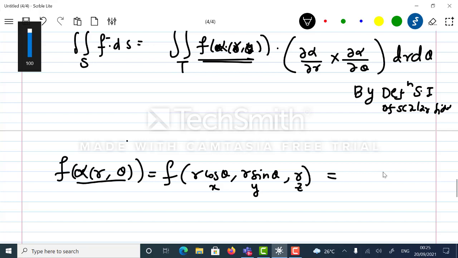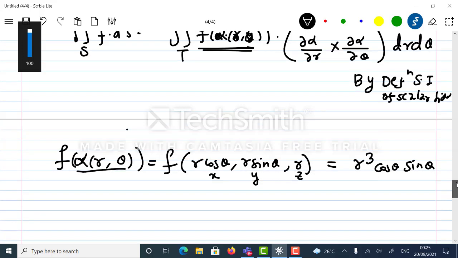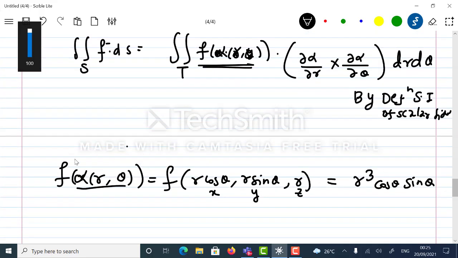Since f of x, y, z is x times y times z, it will be r cubed cos theta sin theta. Here you can substitute this for f of alpha, and the rest you also need to find out.